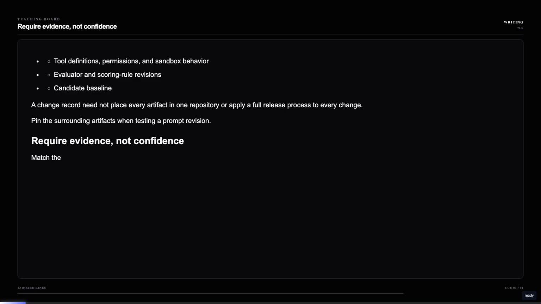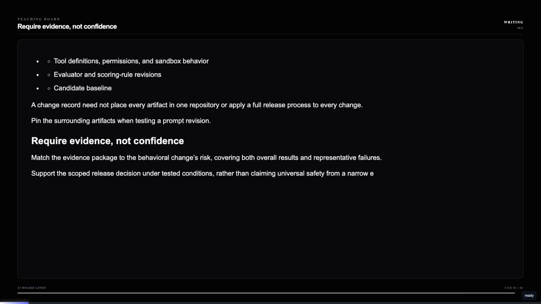Reviewers should see aggregate outcomes as well as representative failures. The evidence only needs to support a specific decision, whether the candidate is acceptable for its stated scope under the conditions tested. This prevents a positive result on a narrow prompt set from becoming an unsupported claim about production quality.